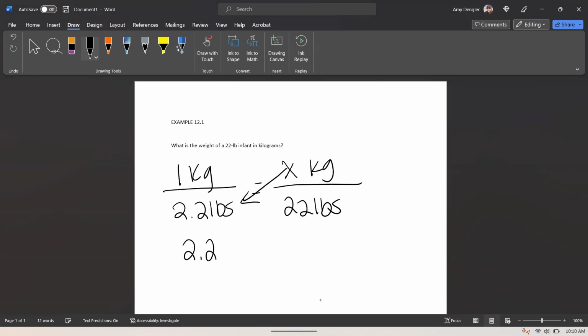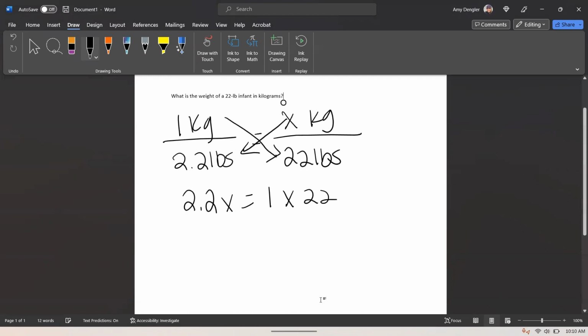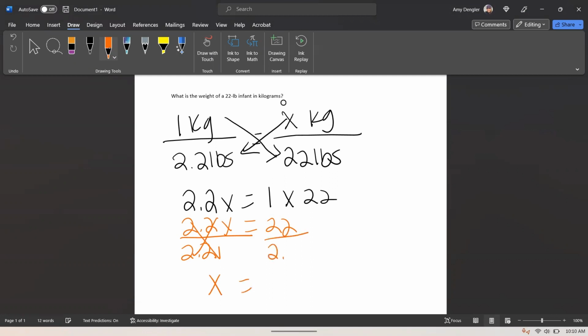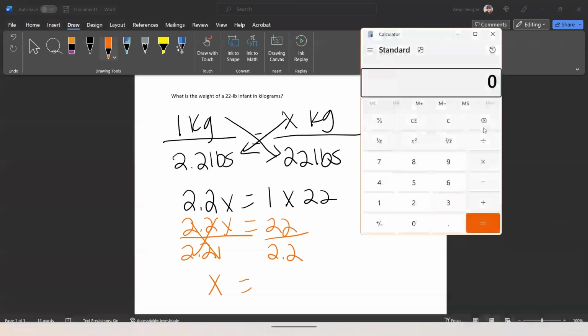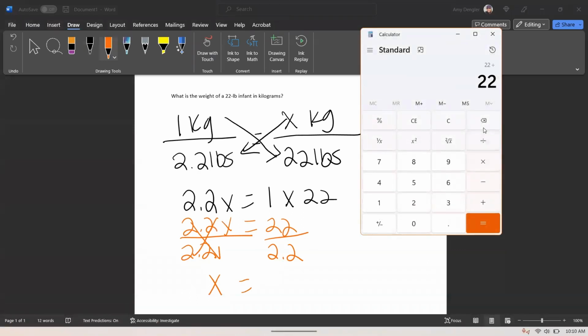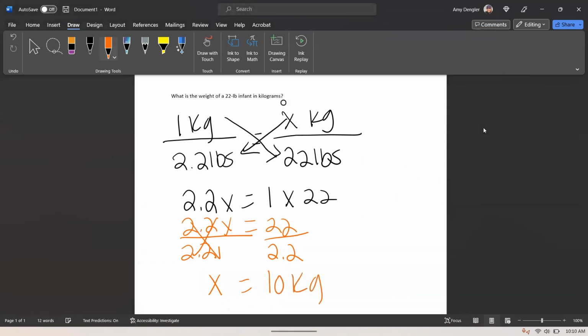So we have 2.2x is equal to 1 times 22, which is just 22. We want to get x alone, so we have to get rid of that 2.2 by dividing each side by 2.2. So now we just take our 22 pounds and divide that by 2.2, which gives us 10 kilograms.